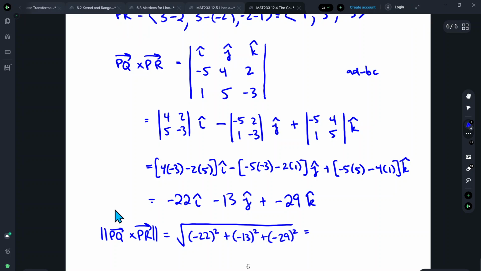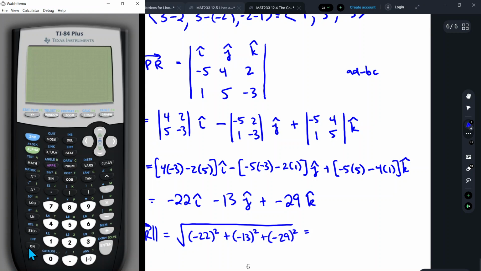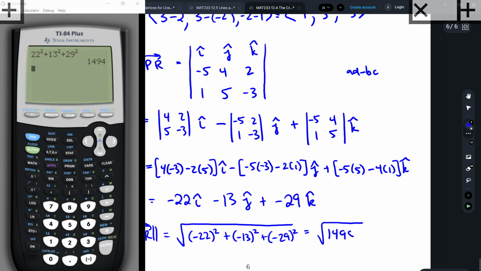So what is this equal to? When I square a negative, it becomes positive anyway, so I can just calculate 22 squared plus 13 squared plus 29 squared. So I get 1494, and then the square root of that, square root of 1494.